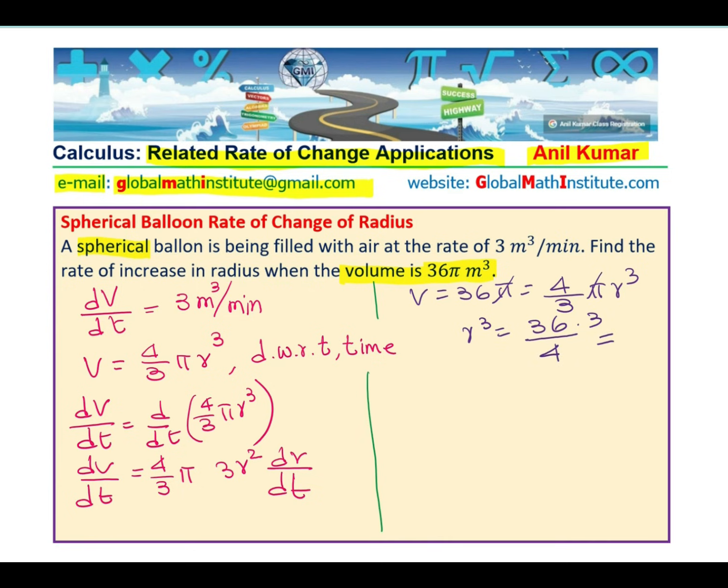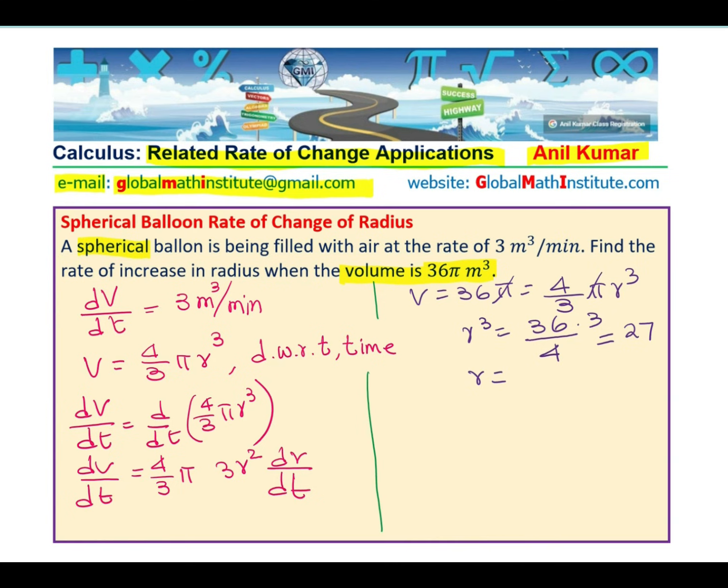Perfect, right? 36 pi is the volume, 4 by 3 pi r cube. So we'll multiply 36 by 3 over 4. So we get r cube, which is 9 times 3, 27.